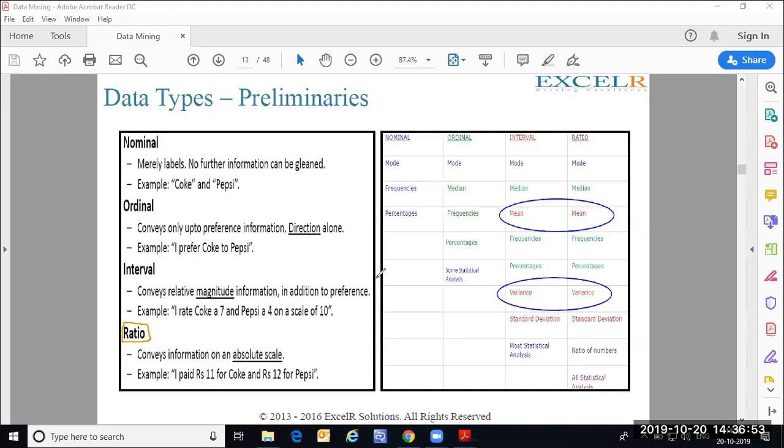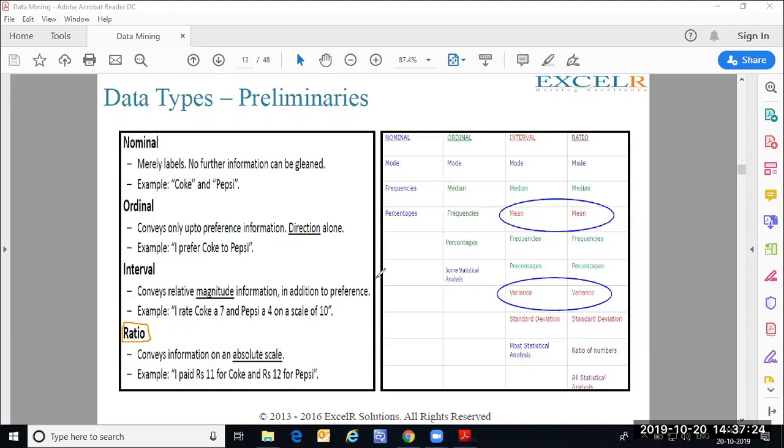So from an analysis perspective, we would always expect something which is of a ratio kind, as long as it is possible, because it gives complete information, right? Which can be easily compared with other measurements. If I have a data set, I'll have a combination of variables.